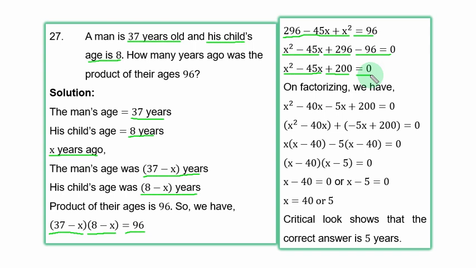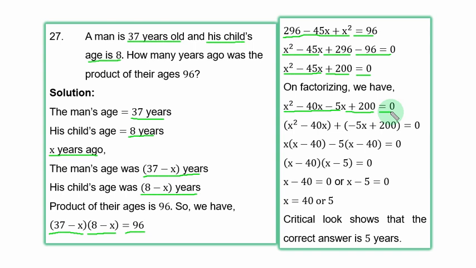So the 2 factors are used to replace the middle term. So we have s squared minus 40s minus 5s plus 200 equal to 0. The purpose is to get 4 terms that are grouped in 2's.